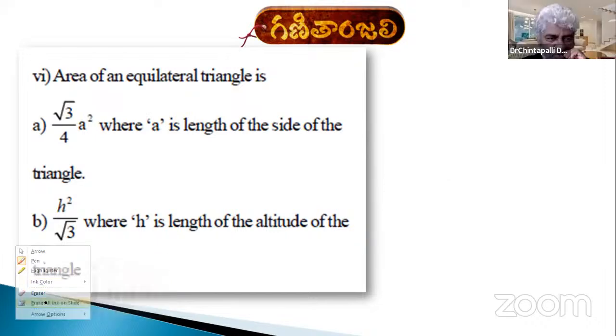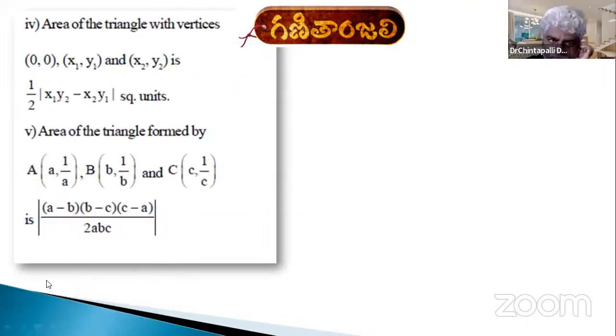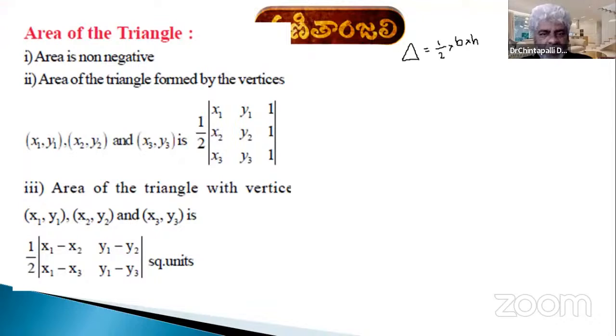Now it's about coordinate geometry. In coordinate geometry, the coordinates of 3 vertices are given.